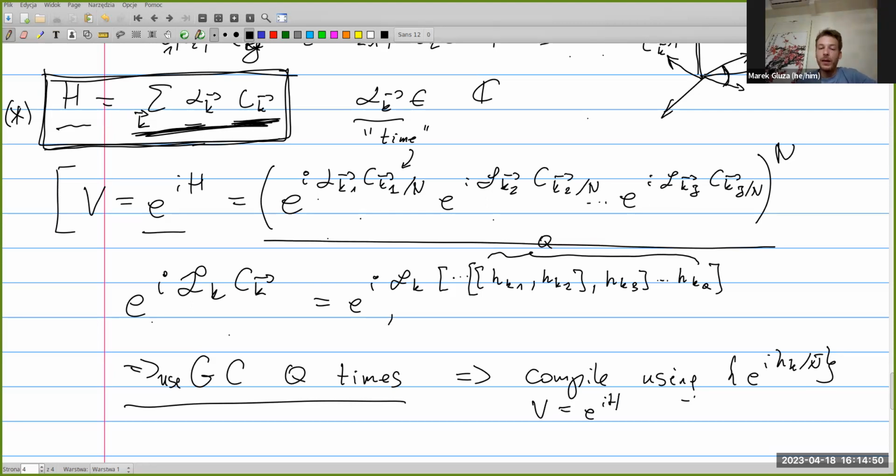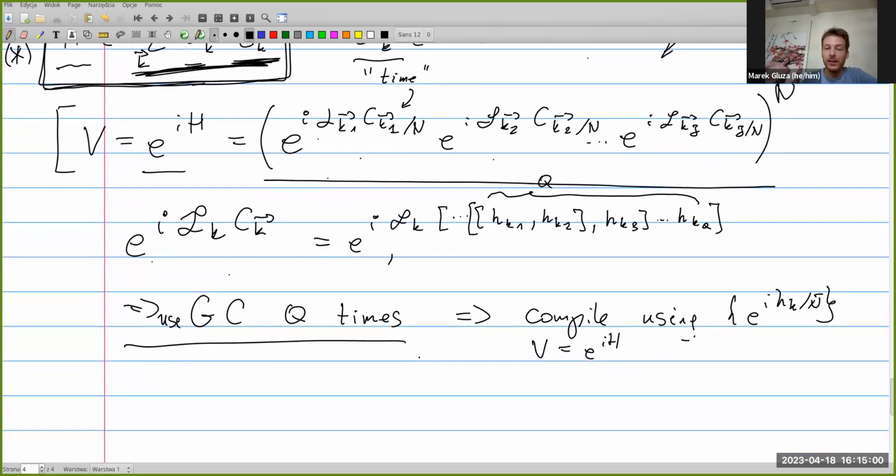Why is this a good example of Trotter-Suzuki decomposition? Because it's an inefficient but very intuitive way of explaining.